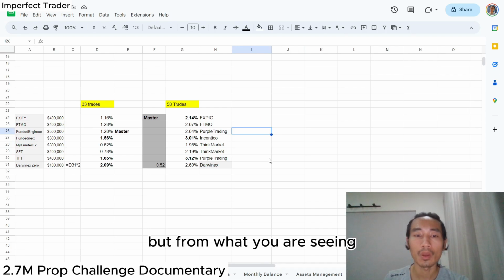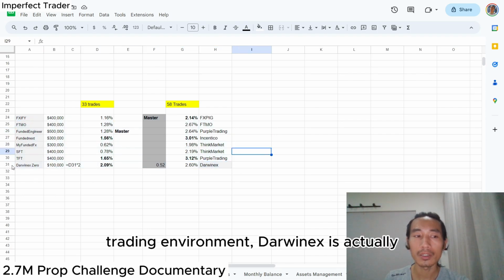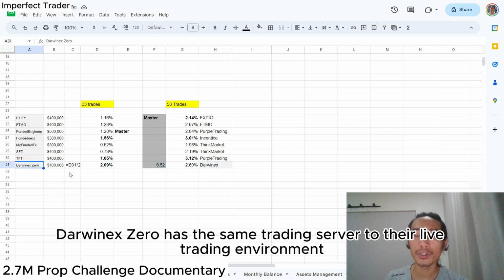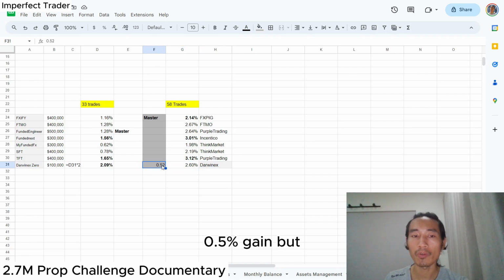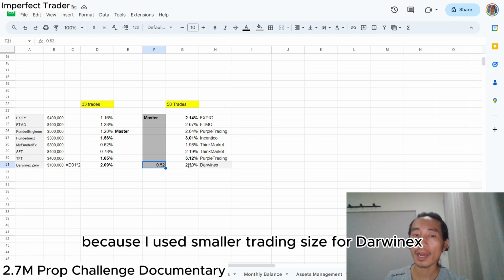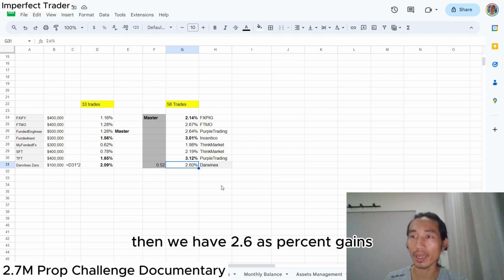But from what you are seeing, in all of the trading environments, Darwin Next Euro has the same trading conditions as their live trading environment, and you can see they are around 0.5. But I use a smaller trading size for Darwin Next, so if I calculate the same sizing, then we have 2.6 percent gain.